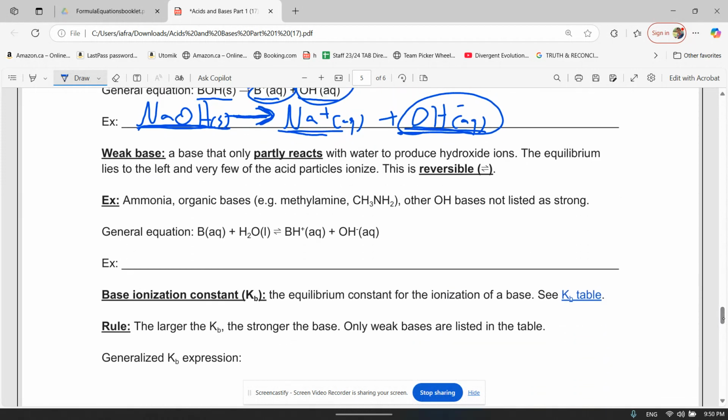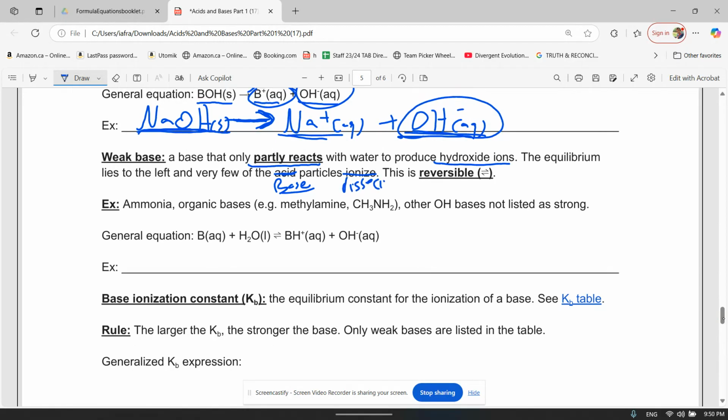Weak bases partially dissociate with water to make hydroxide ions, and so the equilibrium is more so to the left, and very few of the, I shouldn't say acid particles, the base particles are going to ionize or dissociate. Let's just fix that error there. For bases, we say dissociate. And it is a reversible process. You'll notice that a lot of the weak bases that you're going to see are amines. So amines are weak bases. Ammonia is a weak base, and there are other OH bases that are not listed as strong that are considered weak bases as well.